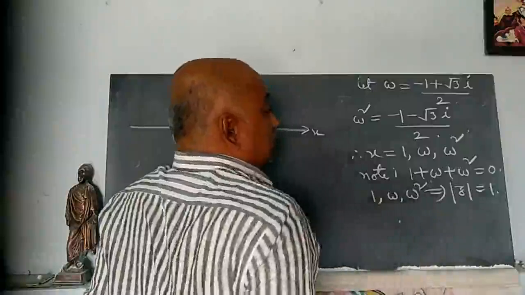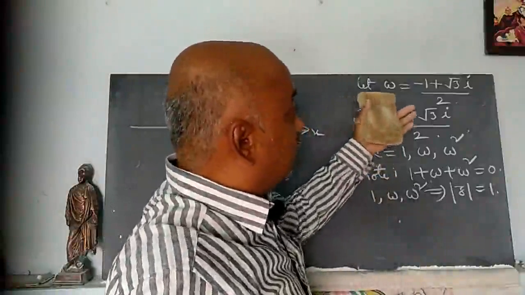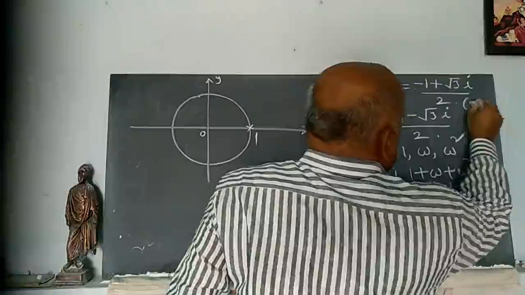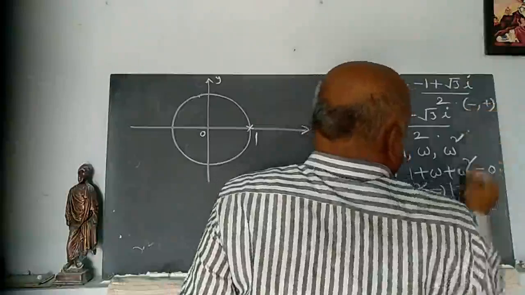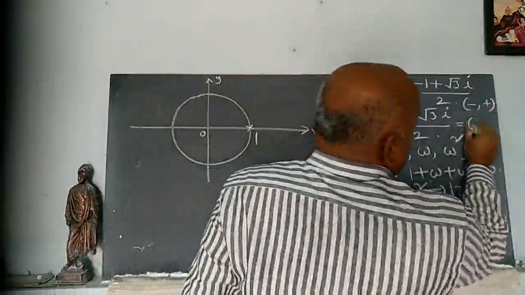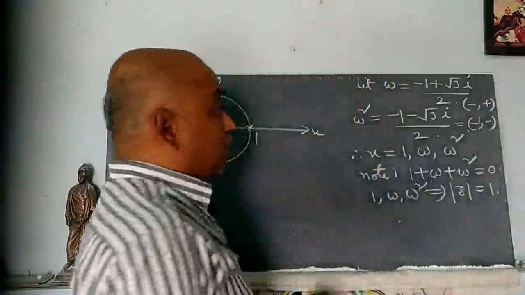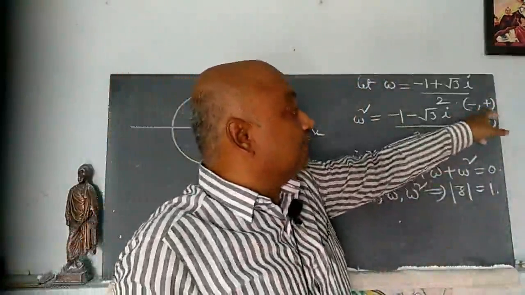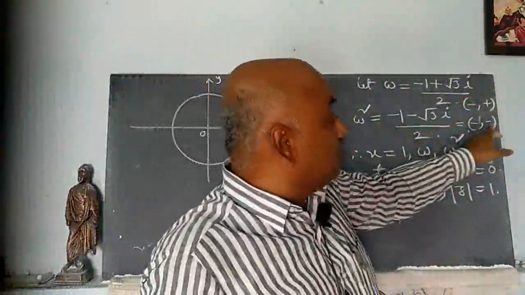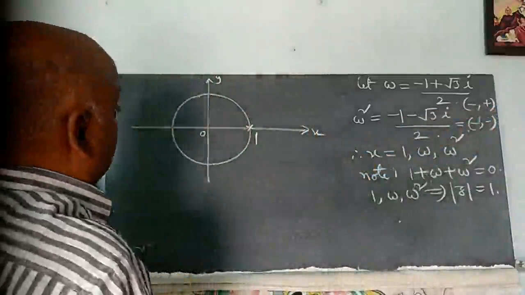If you consider the sign of the first coordinate and the second coordinate, this is (minus, plus). If you consider omega square, this is (minus, minus). So (minus, plus) lies in the second quadrant, and (minus, minus) lies in the third quadrant.